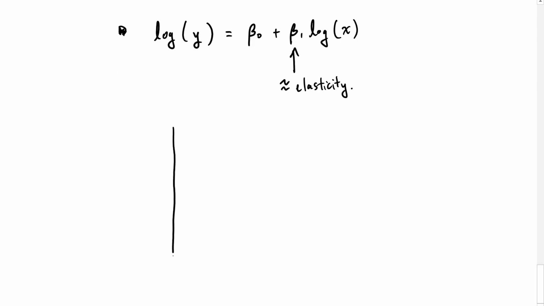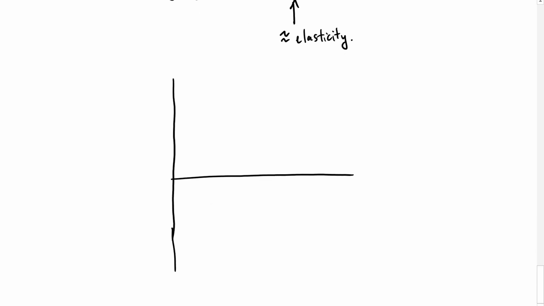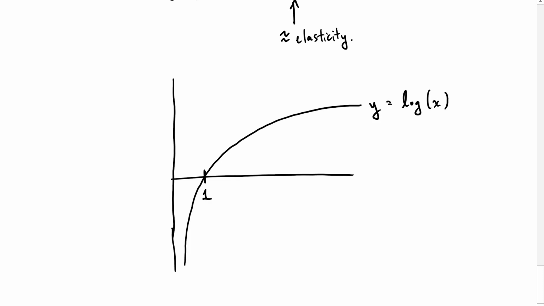But I just want to point out that logs also exhibit some of this diminishing marginal returns behavior. This would be something like what a log function looks like. Y is equal to log of x. This is natural log.